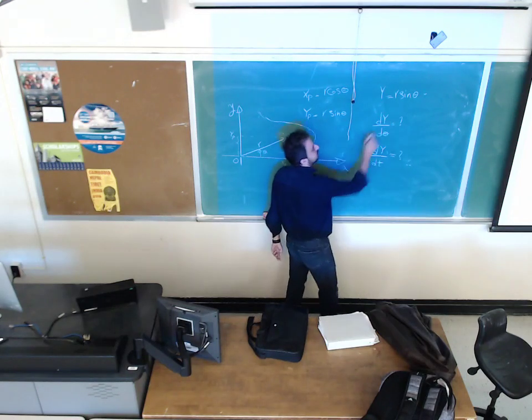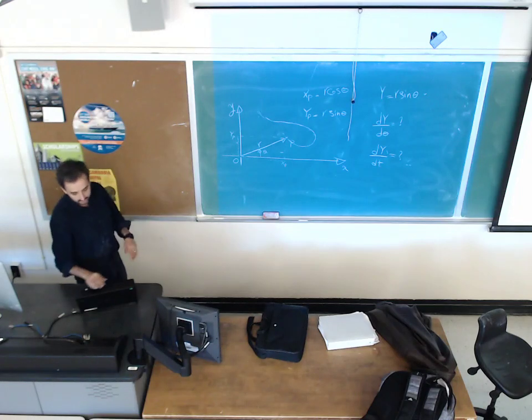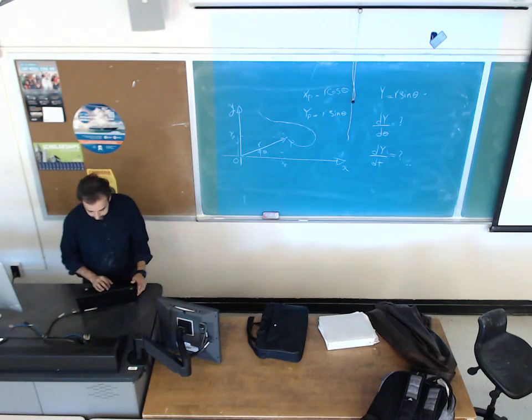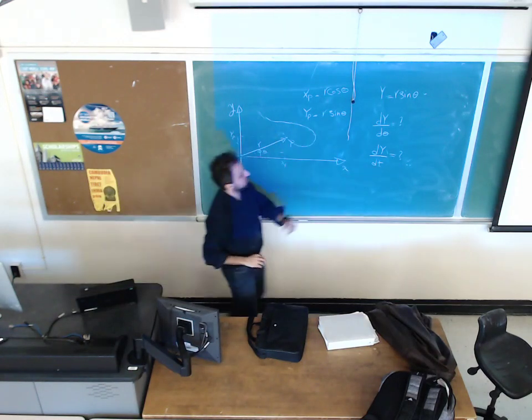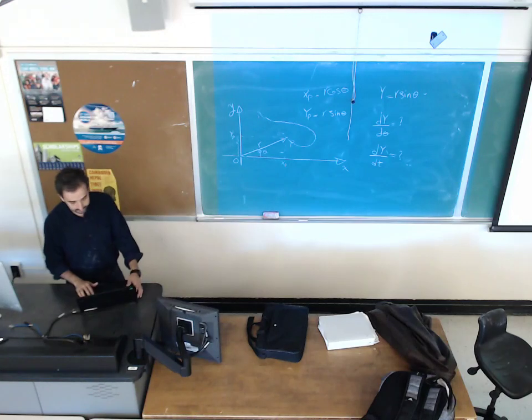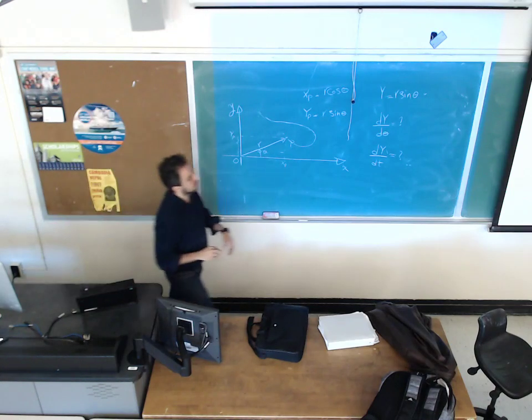So first, think about this: if y equals r sine of theta, use the chain rule to find the derivative of y with respect to time. Is that clear?